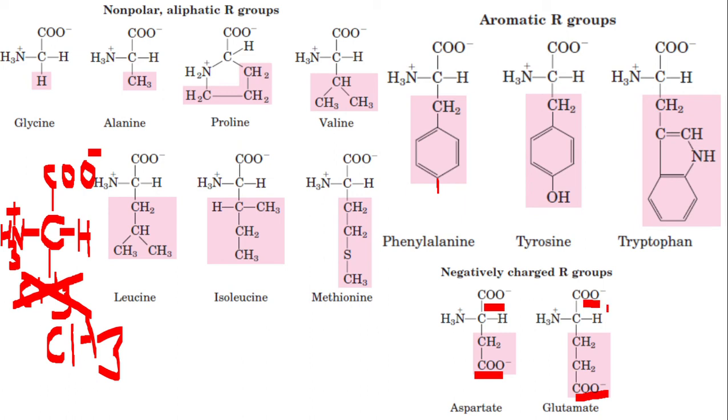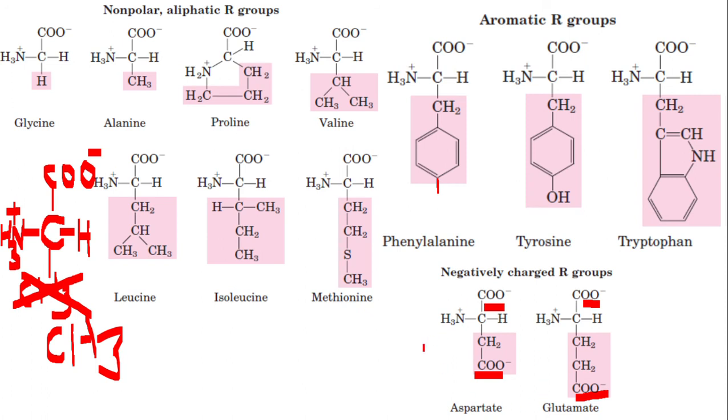But in these 2 cases, aspartic acid and glutamic acid, or when they are charged, we call them aspartate and glutamate. These 2 amino acids have a carboxyl group in their R group. Since the carboxyl group is negatively charged, we say this is a negatively charged R group, and these are negatively charged amino acids.